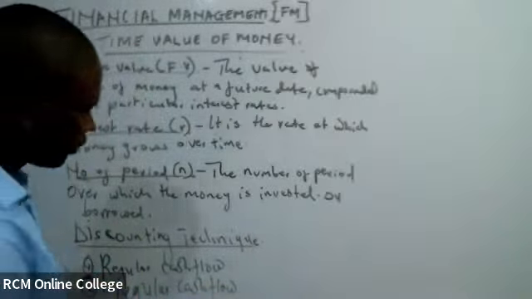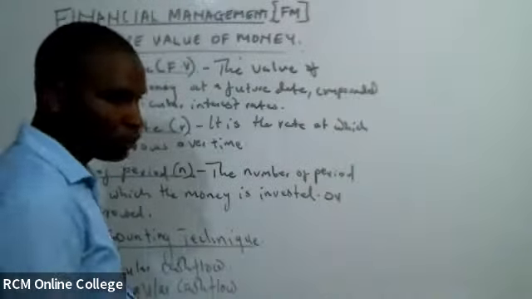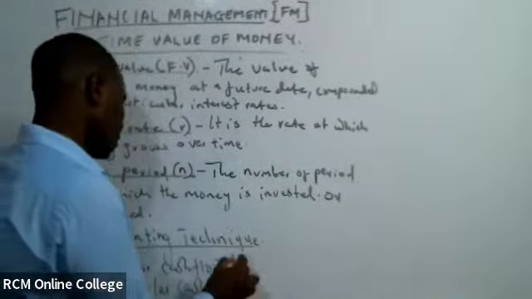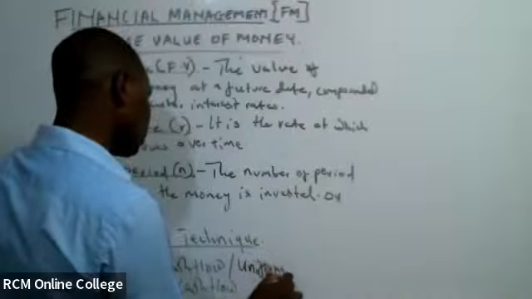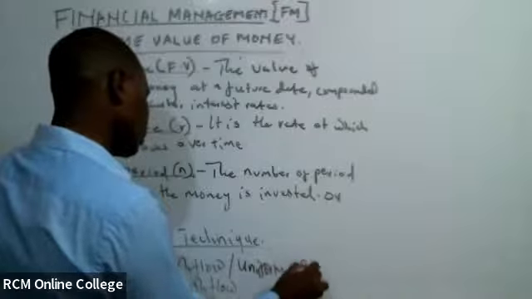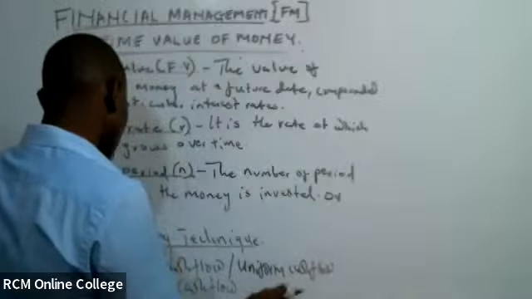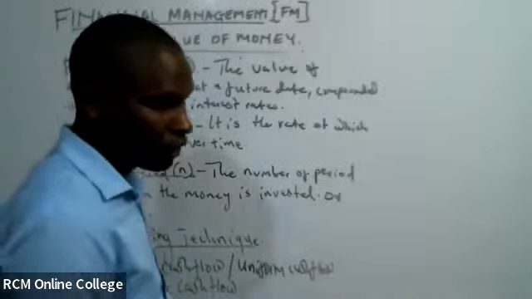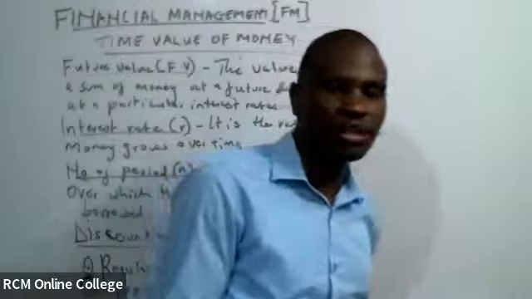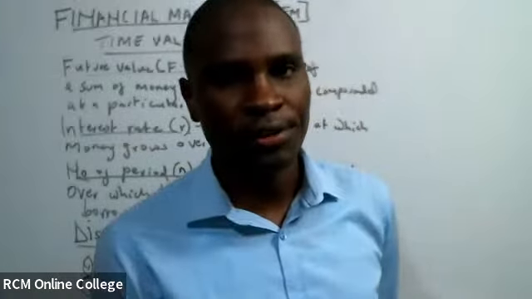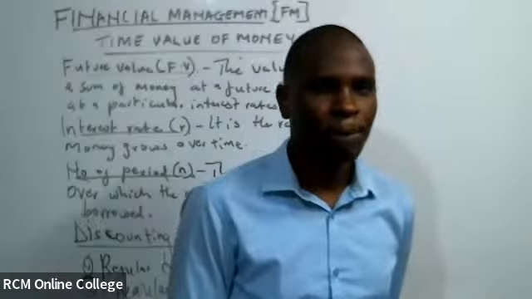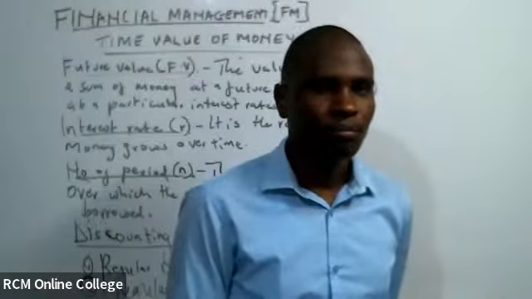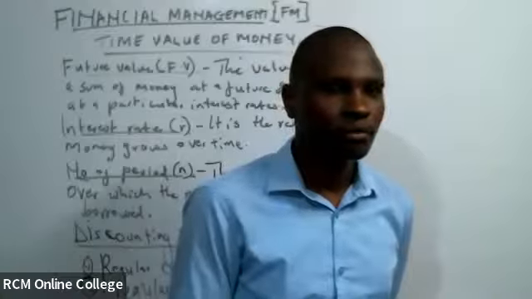Regular cash flows are uniform cash flows, while irregular ones are non-uniform. For uniform cash flow, there is a way you discount that.